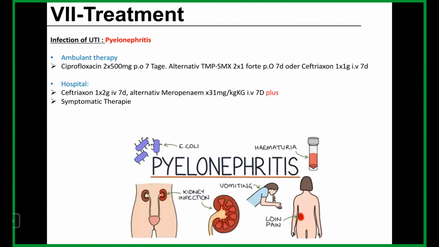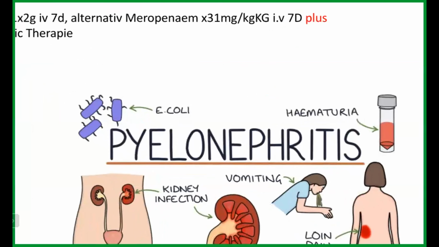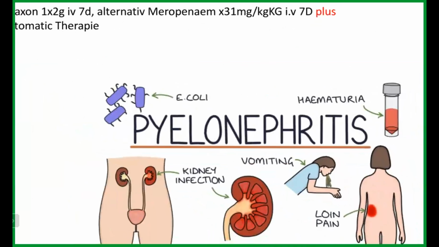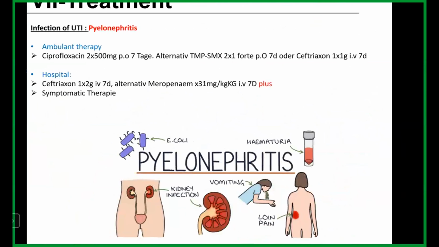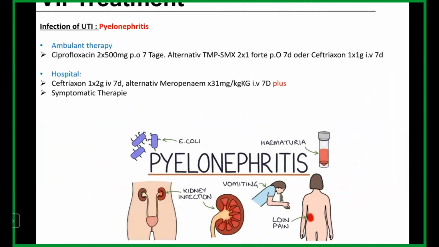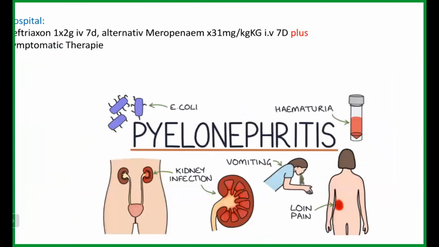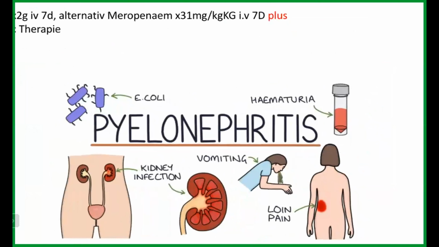So the upper urinary tract infection, or pyelonephritis. I have a simplified schema here. The upper infection is very frequent, which is pyelonephritis. The responsible bacteria is E. coli.